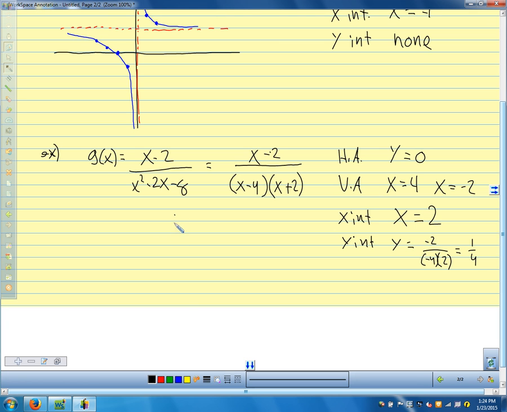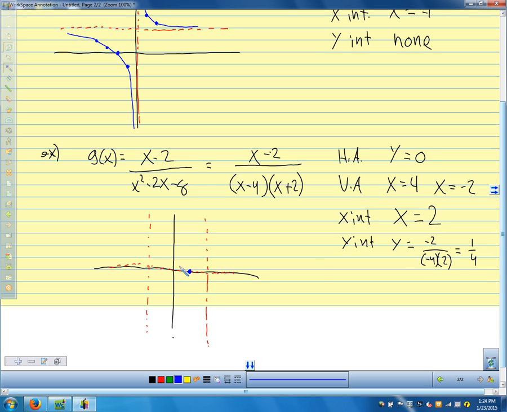So let's sketch this one. Our horizontal asymptote y equals 0, there on my nice straight y-axis. Vertical asymptote at x equals 4. Vertical asymptote at x equals negative 2. We have x-intercept at x equals 2.